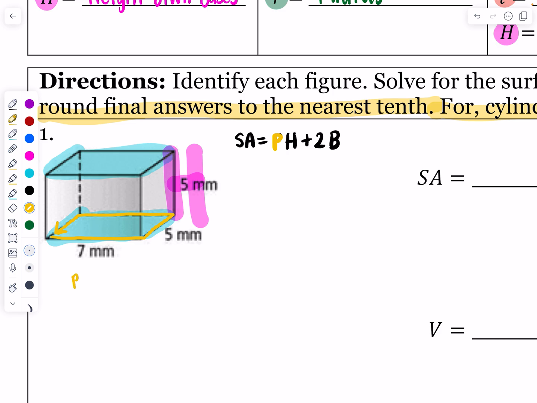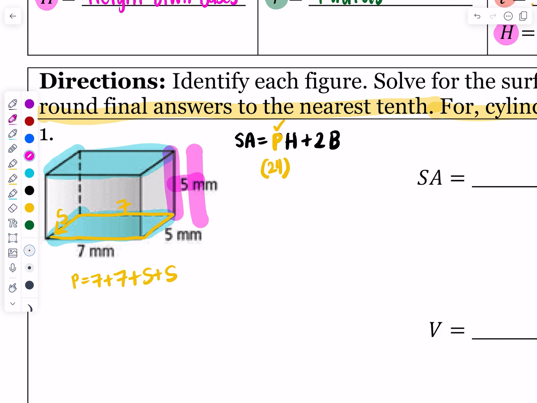So my perimeter is going to be 7 plus 5 plus 7 plus 5, or 7 plus 7 plus 5 plus 5. We've got 7 on both sides and 5 on both sides. I believe that's going to be 24, but let's double check. 7 plus 7 plus 5 plus 5 gives me 24. So there's my perimeter. I'm going to check it off. Perimeter is going to be 24.